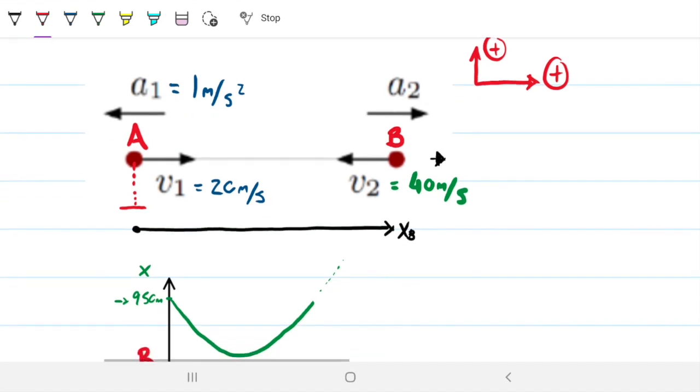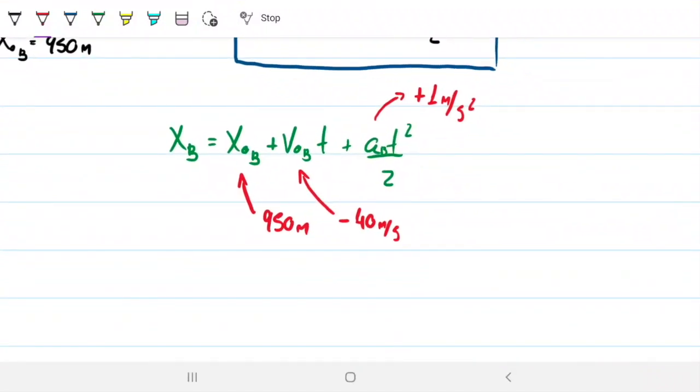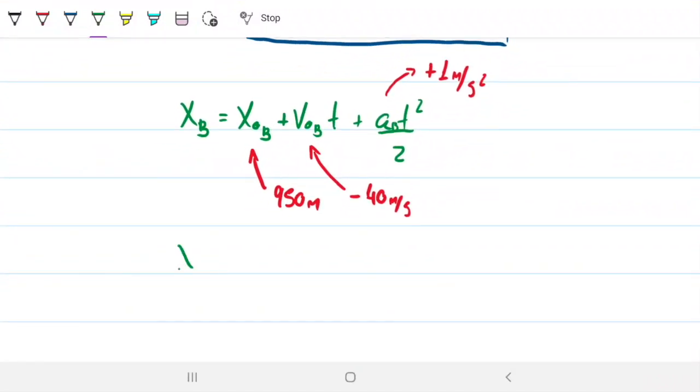That's why my v naught A was negative, and that's why my v naught 2 for B is negative. So the position of B at any given moment will be 950 minus 40t plus 1t squared over 2.